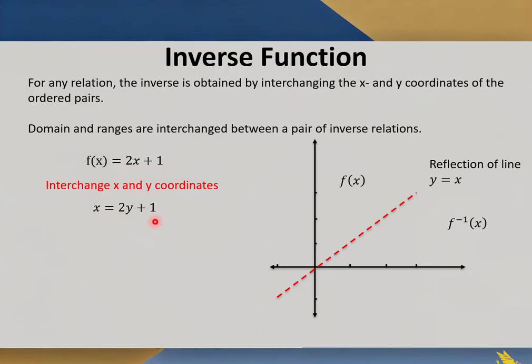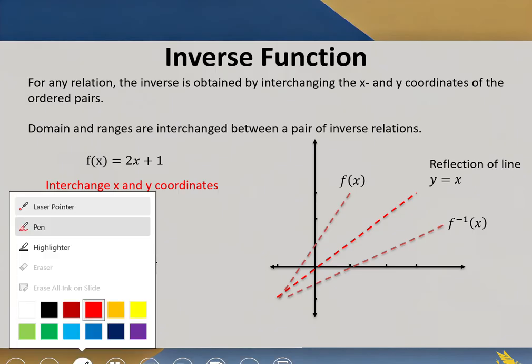Now we just solve it, and we're going to get y by itself. That means we're just taking 1 from both sides, and then we are dividing by 2. That gives us y equals half x, take away a half. So now we've got our inverse.